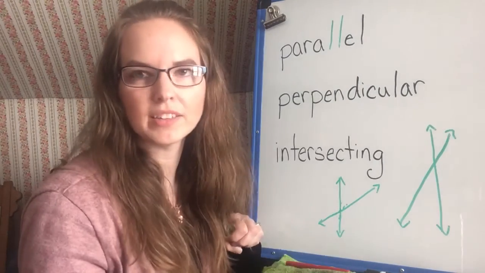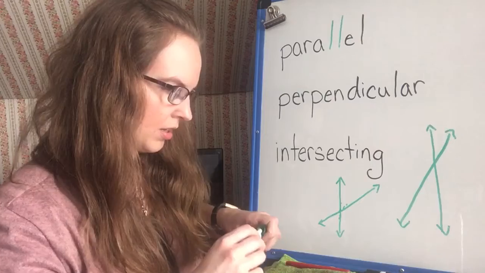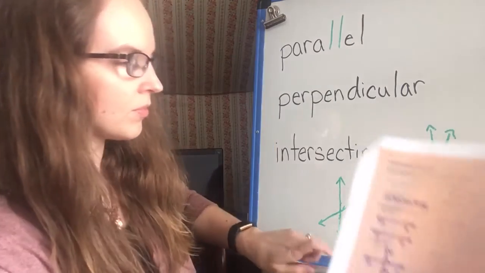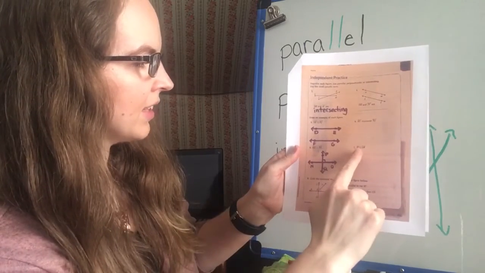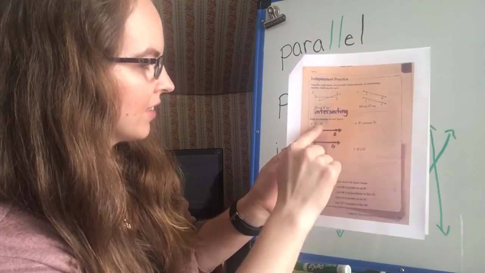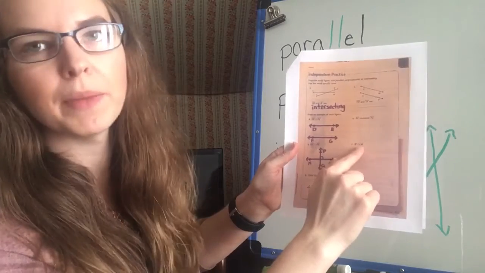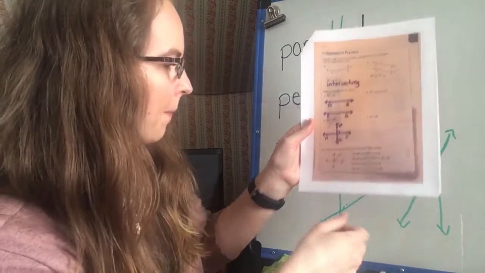It doesn't make a square angle. And they have specific letters to label your lines with. And then this fancy symbol here, which you saw an example for, means parallel. So those two lines are going to be parallel.